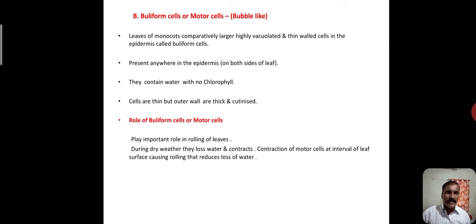During dry weather, they lose water and contract. As there is water content in the bulliform cells, when they lose the water, they contract. Contraction of the motor cells at the leaf surface causes rolling that reduces loss of water.